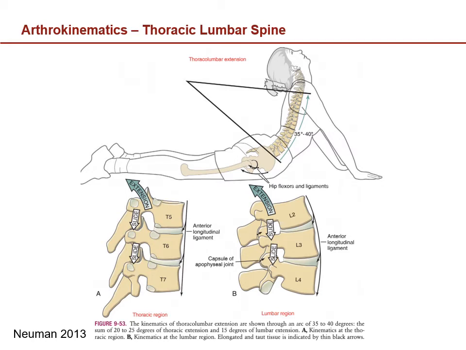Okay, and then this is one of the examples in which that slight change in the orientation of the facets would otherwise limit the overall capacity of the different regions to move.